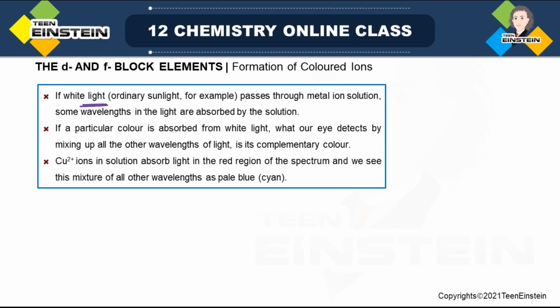So white light, which is basically ordinary sunlight, if it passes through a metal ion solution, some wavelengths in the light will be absorbed. In the previous example, you have seen the yellow zone is absorbed. White light is a mixture of all the colors, and if only a particular zone is absorbed, our eye will detect the color which you get by mixing all the remaining wavelengths of light.